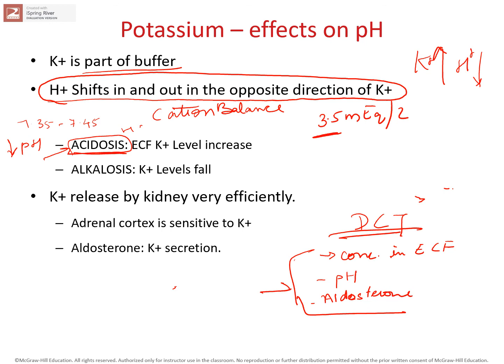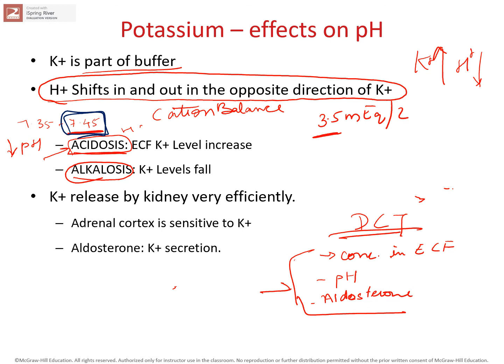Okay, and now let's talk about alkalosis. Alkalosis is the condition where the pH goes beyond 7.45. So if you have a pH of blood plasma more than 7.45, it's called alkalosis.